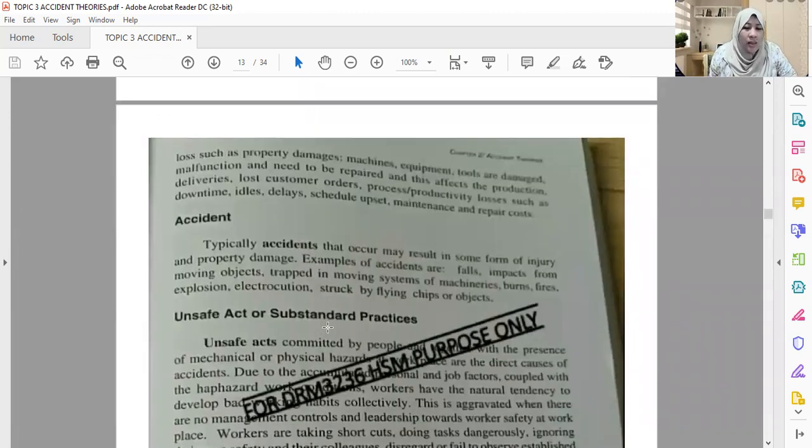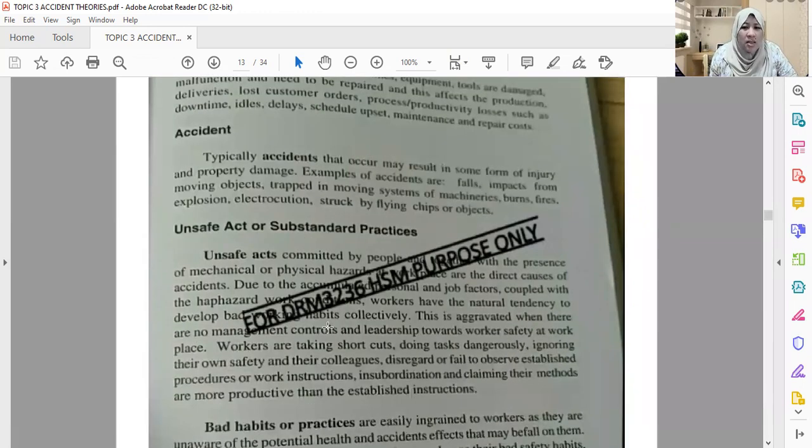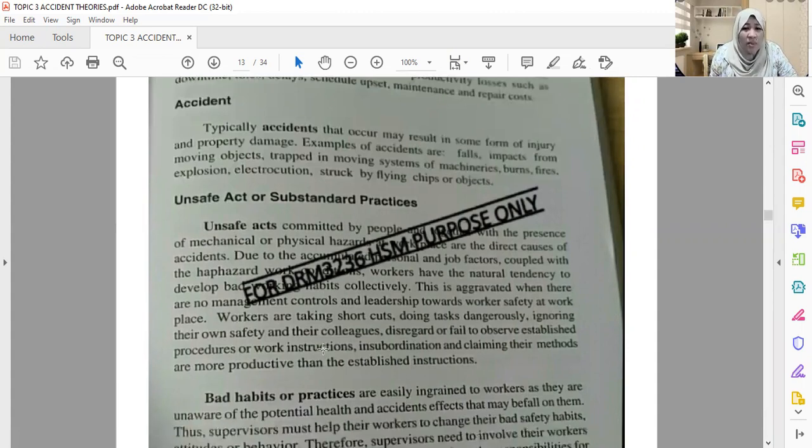Okay. Typically, accidents that occur may result in some injuries and property damage. Examples of accidents are falls, jatuh, impacts from moving objects, being trapped in the moving system of machinery. Let's say the engine of the forklift all of a sudden malfunctions, and then this forklift takes you to some place that you are not actually aware of, and it gets you into an accident.